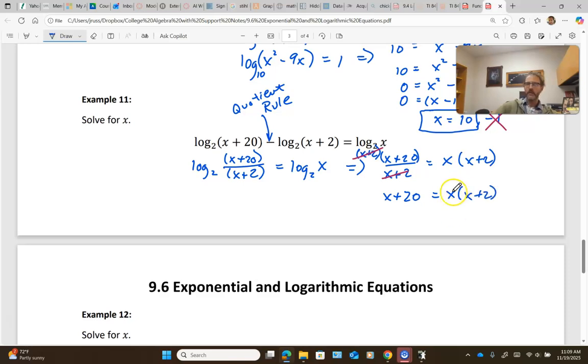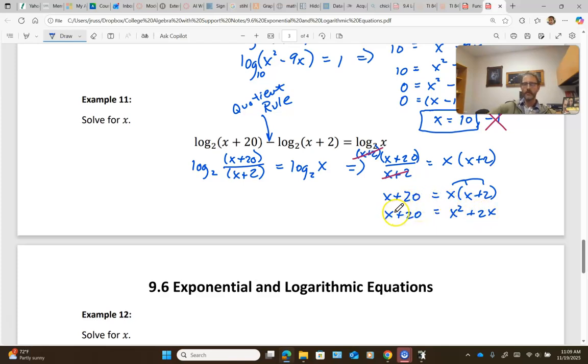And what I'll do here is distribute this x, and I think we're going to end up with another quadratic equation. Okay, because x times x is x squared, and x times 2 is 2x. We copy my left-hand side. And now you can see this is, in fact, a quadratic equation.